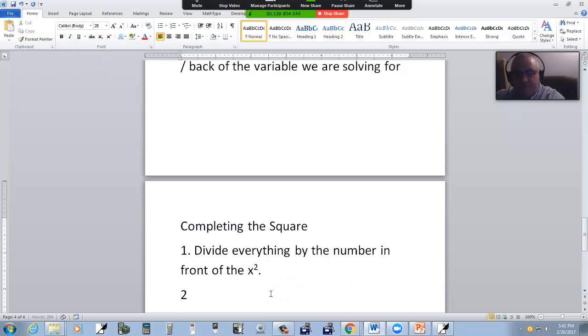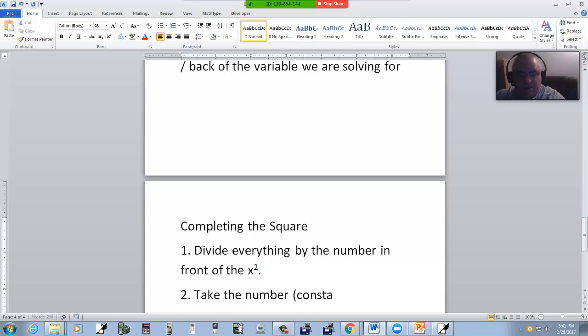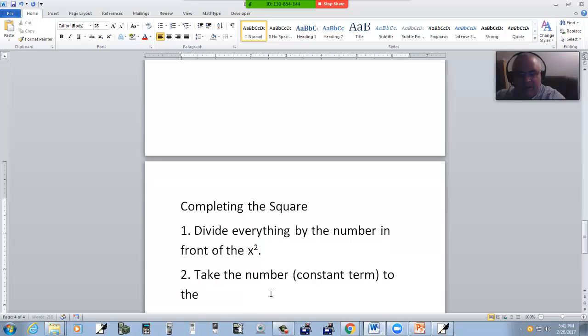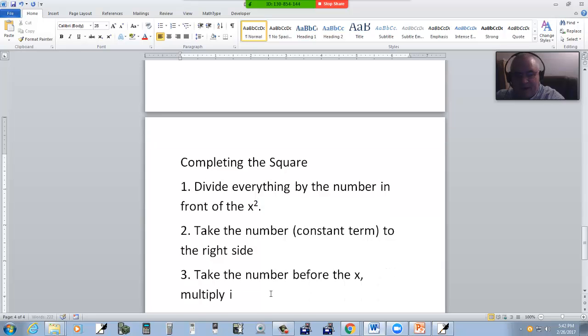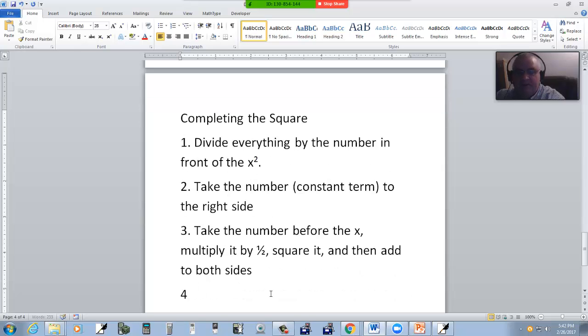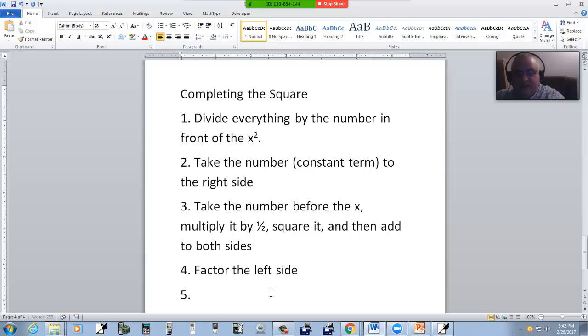Step 2, take the constant term to the right side. Step 3, take the number before the x, the coefficient, multiply it by 1/2, square it, and then add to both sides. Step 4, back to the left side. Step 5, use the square root property to solve for x.